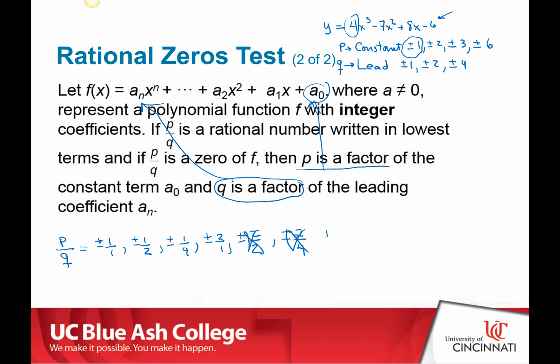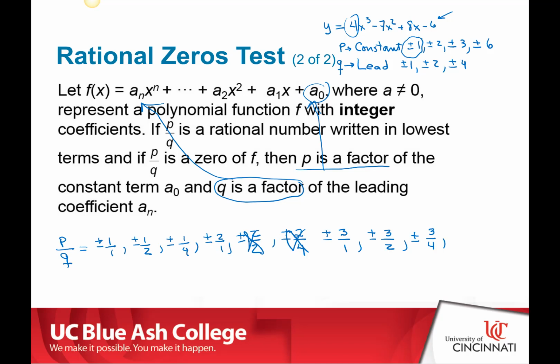Then we're going to go to plus or minus 3 over 1, plus or minus 3 over 2, and plus or minus 3 over 4, and I'm going to check. Do any of these new numbers that we've just introduced pop up earlier? Nope. So those are all new possibilities.